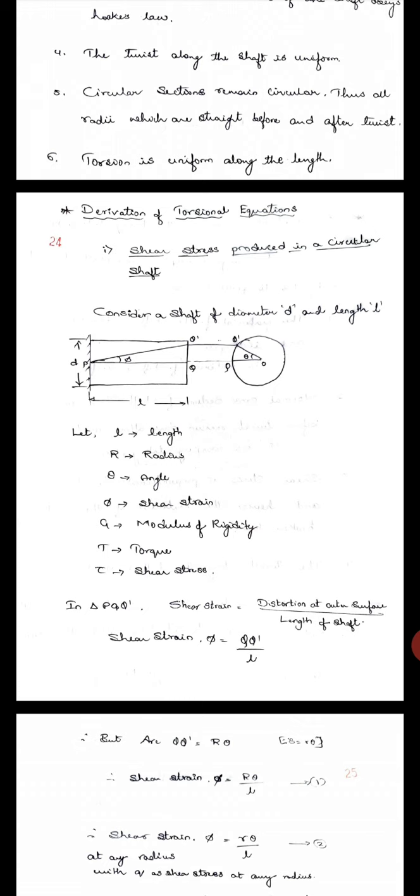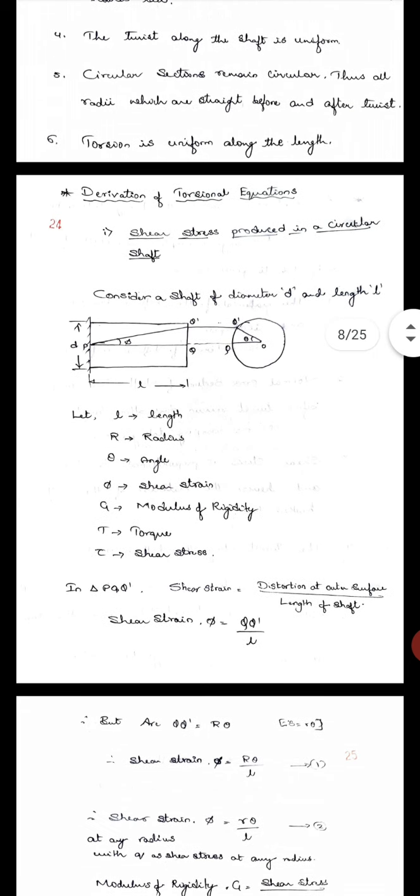The shear strain, as you can see from the angle phi, is QQ dash upon the length L. The arc QQ dash in the second figure, RQQ dash, is R theta, because the length of the arc S equals R theta. So shear strain phi is R theta upon L. Equation 1.